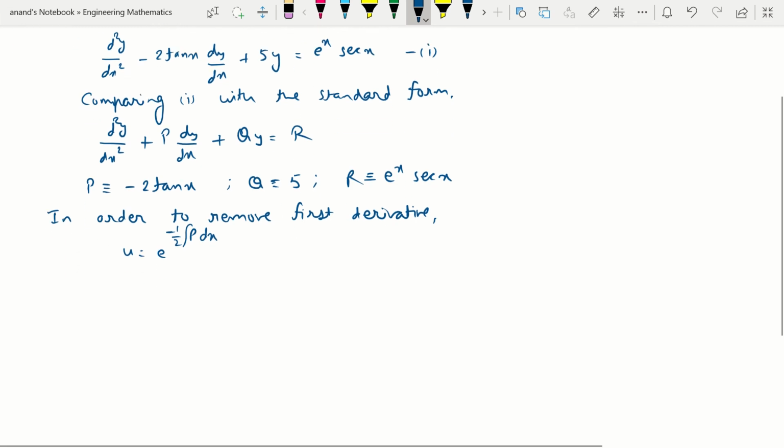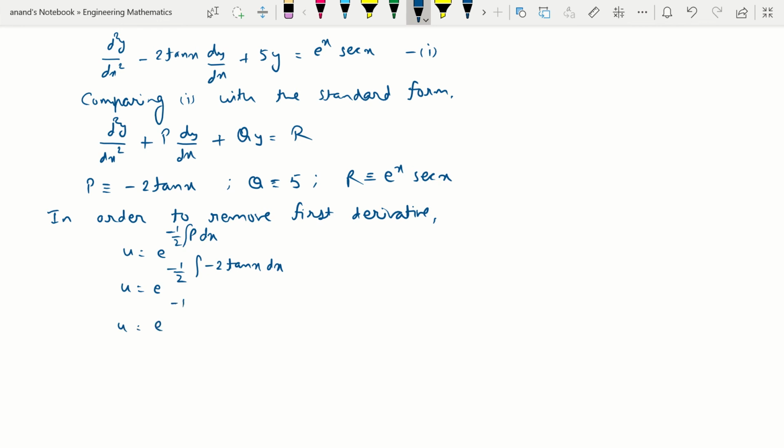So here we get u equals e to the power minus half integration of minus 2 tan x dx, and hence minus 1 by 2 and minus 2 is common, and we get u equals e to the power integration of tan x dx, since this minus minus becomes plus.